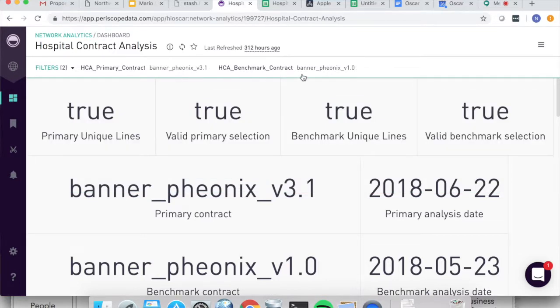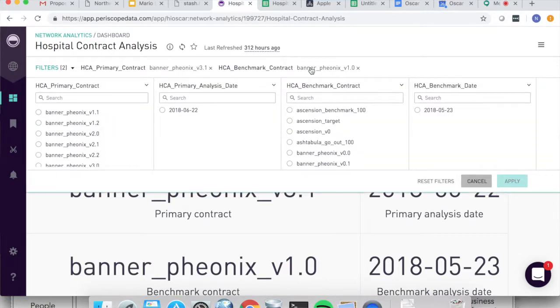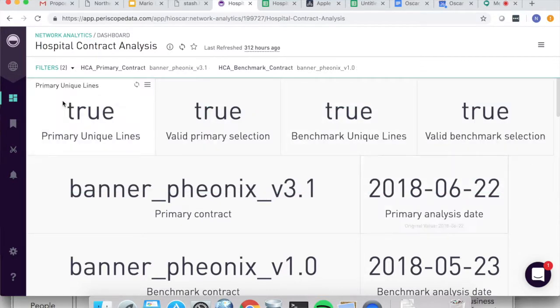Anyway, what this will do is say, okay, this is the Banner Phoenix contract, version 3.1, and I'm going to compare it to the first Banner contract that I sent.